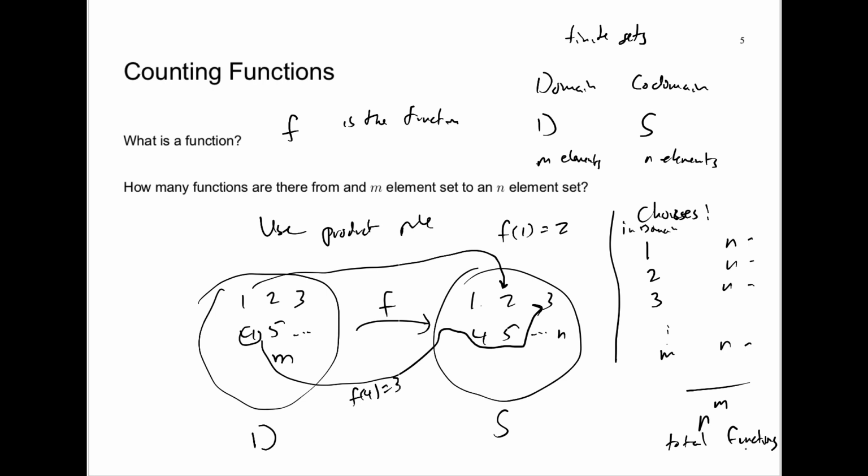So for example, let's look at a special case, where the codomain has 2 elements, just 0 and 1. We're looking at a function from some set D, the domain, to the set {0, 1}. We're just assigning to each element a 0 or a 1. Well, how many such functions are there? The answer is 2 to the M, because N would be 2 in that case.